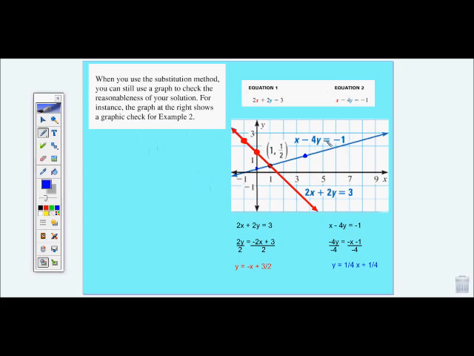Again, we can go ahead and look at that on a graph. I've taken the equations and put them into slope-intercept form. All the steps there for you. I color-coded it so you can see that this is graphed on the red line.